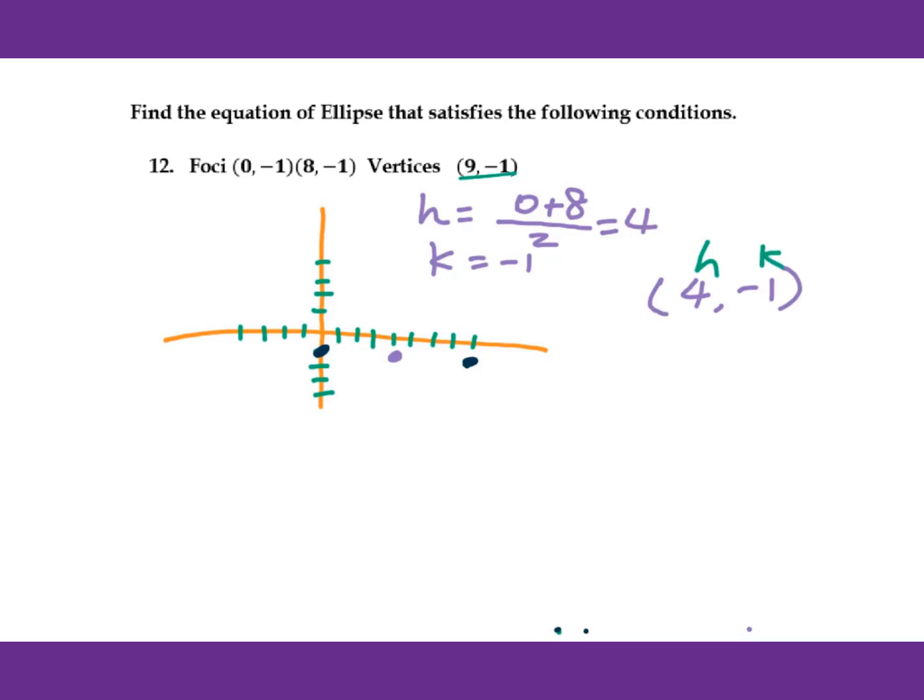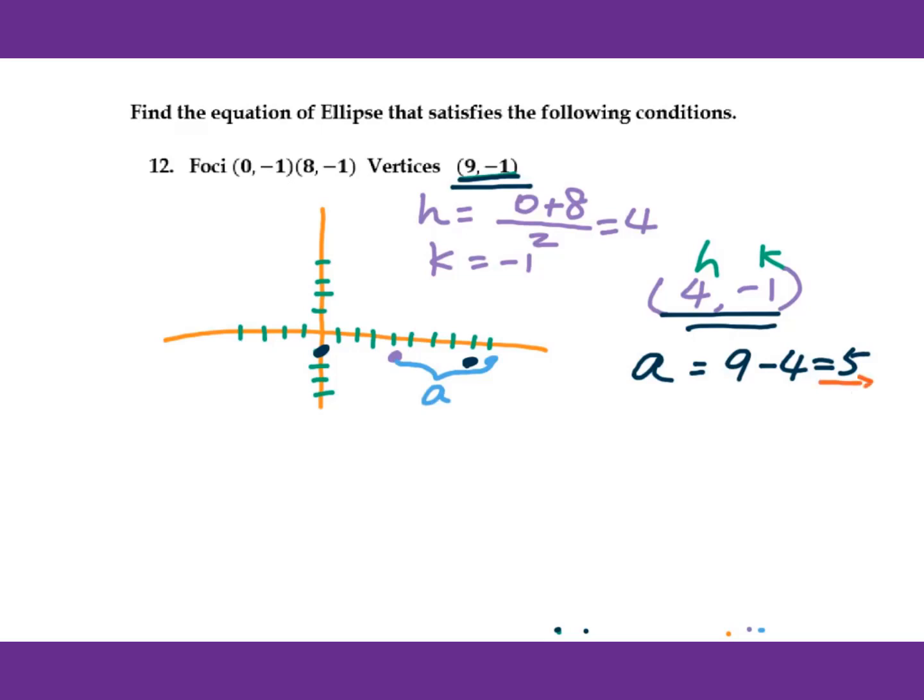From the given information, one of the vertices is (9, -1). It's here. Then from the center to this vertex, that will be a. We got a equals 9 minus 4, that's equal to 5.